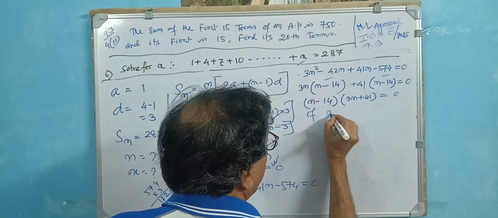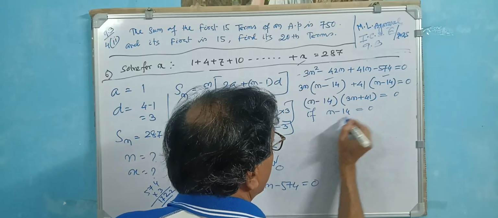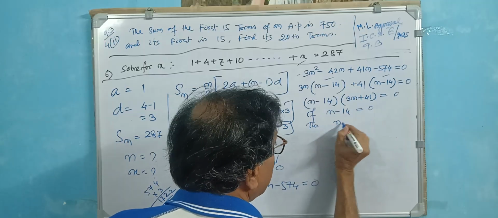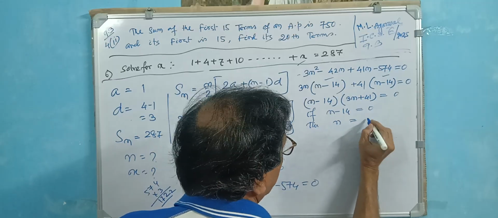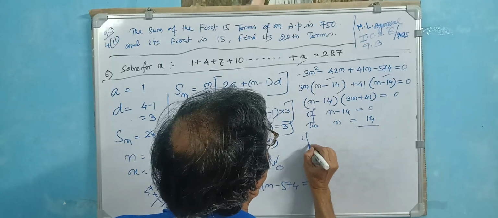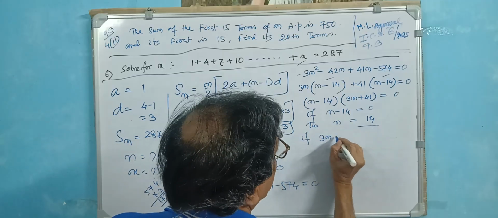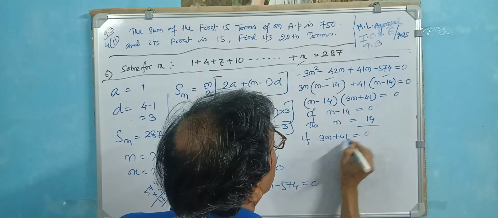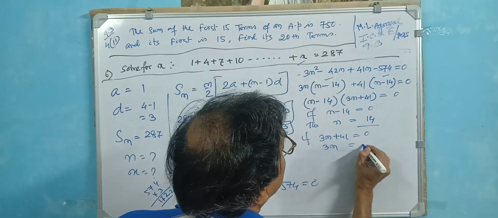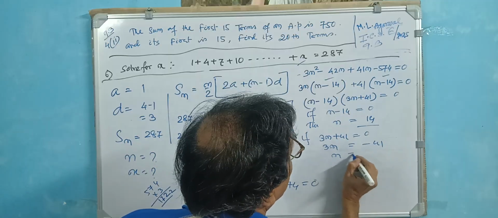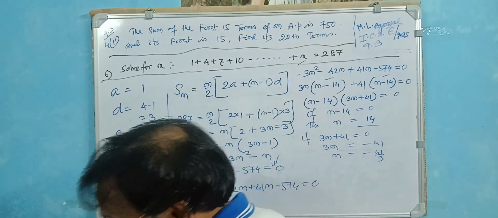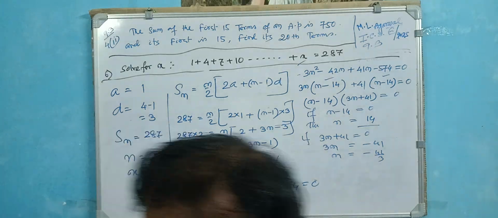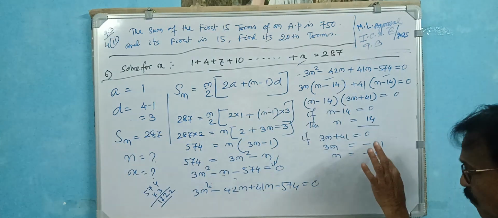If n minus 14 is 0, then n is 14. If 3n plus 41 is 0, then 3n is equal to a negative. The term cannot be negative and a fraction.